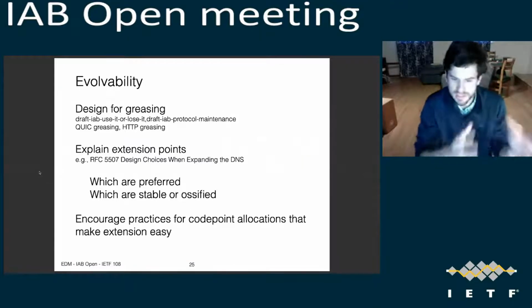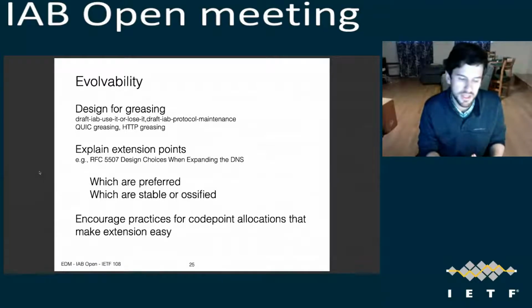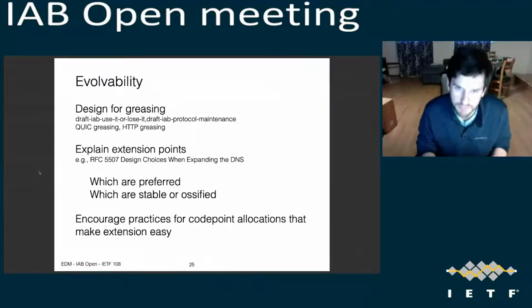And as we see, that has to do a lot with what are the extension points to a given protocol. Part of this also then has to do with how do we communicate about these types of extension points.